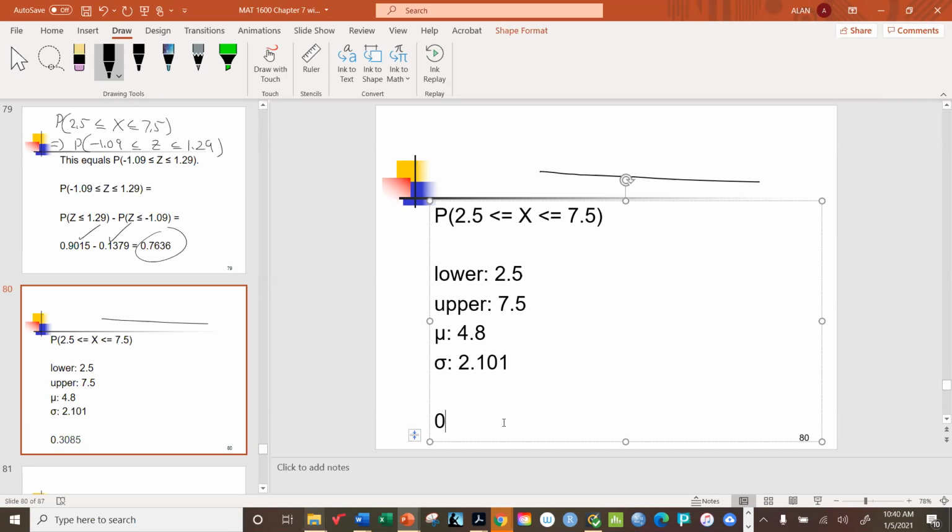So in other words, you're looking for the probability of being between 2.5 and 7.5 when the mean is 4.8 and the standard deviation is 2.101. All right, so remember the mean is 4.8 and we're looking for a value between 2.5 and 7.5.